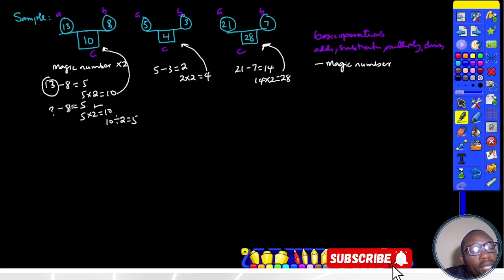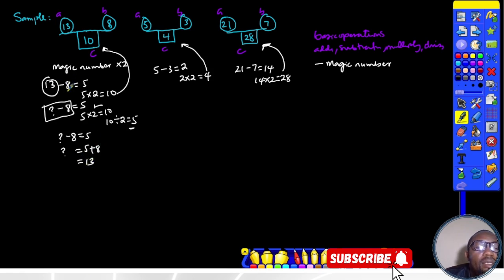Then I know that when I subtract 8 from the missing number, I must get 5. So by reverse engineering, I should do 5 plus 8, which is 13.